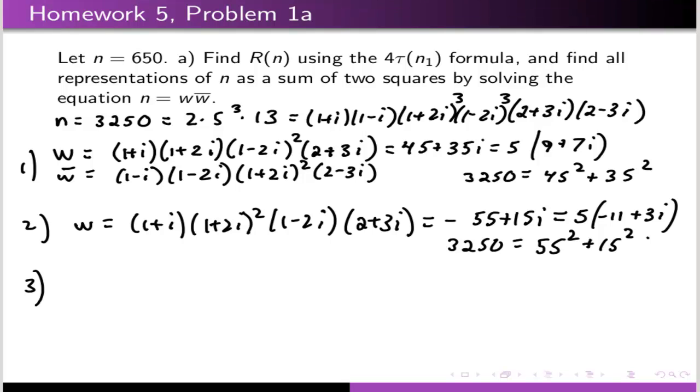But you might ask, well, why don't we use these same things here, maybe change that to a 2 minus 3I. Well, you're going to end up with one of the same things. The thing to remember is that 1 plus I is an associate of 1 minus I. So you don't get as many different representations when you have a 2 as one of the factors.